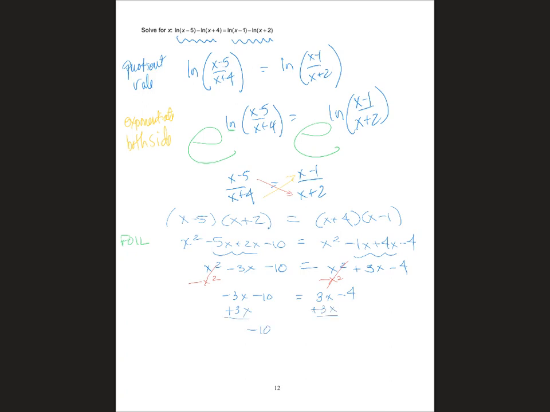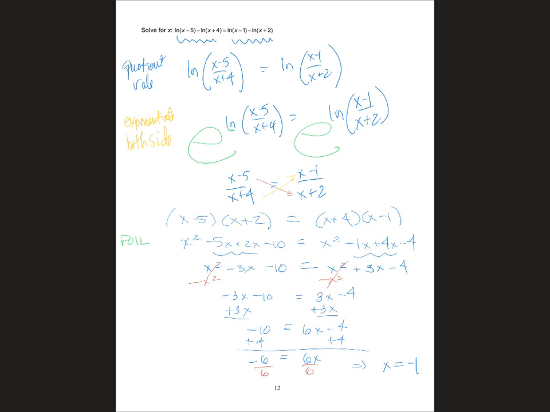So that's going to give me negative 10 equals 6x minus 4. And then I'm going to add 4 to both sides, giving me negative 6 equals 6x. My last step in solving for x would be to divide each side by 6. So then that gives me x equals negative 1.